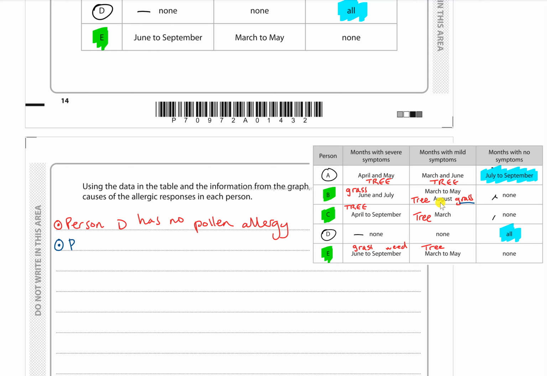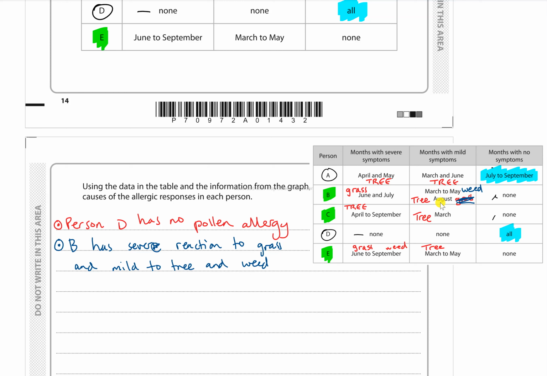So person B has severe reaction to grass and mild to tree and weed. I guess I've already said grass. That should have been weed.